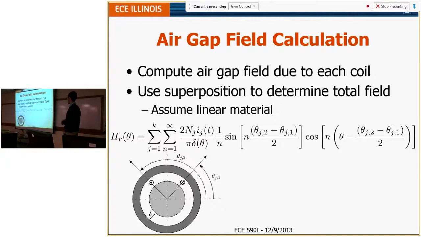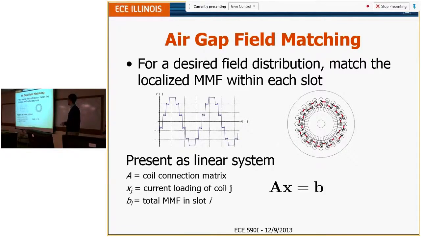This equation is not really needed, but the inner summation is just the Fourier series of the magnetic field created by any one of those coils, and the outer summation sums the magnetic fields created by all the coils. To allow superposition, you have to assume linear magnetic material, which in the real world isn't very true, but it's research, right? It's a starting point.